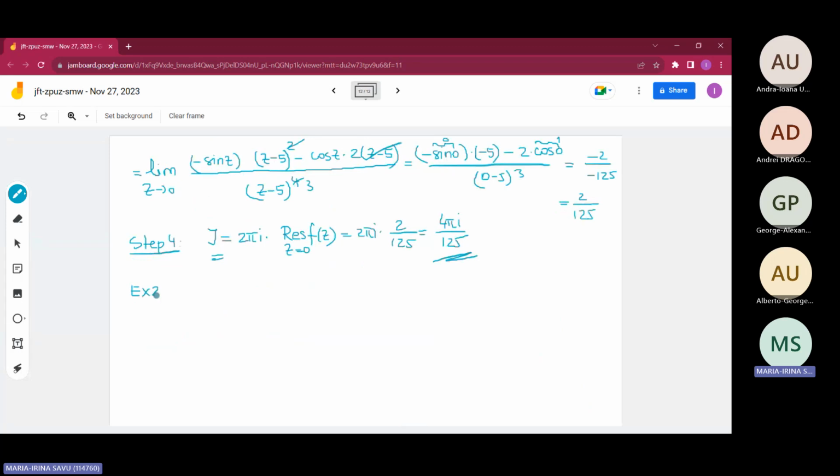So exercise 2: find I equals the integral, which will be computed for the following function, z times e to the z over (z minus 2) cubed, dz, and the domain is modulus of z equals 5.